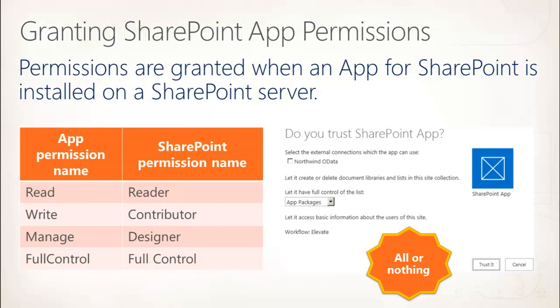So if I tried to click the Trust It button and I didn't have those permissions, SharePoint would say, nada, sorry, I'm not going to install this app. You don't have permissions to install this app. So it's a nice safety measure there so people can't make an app that does more than they have permission to do and then upload it to SharePoint.